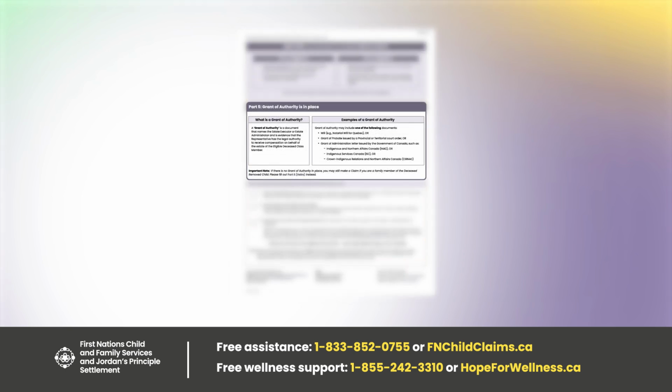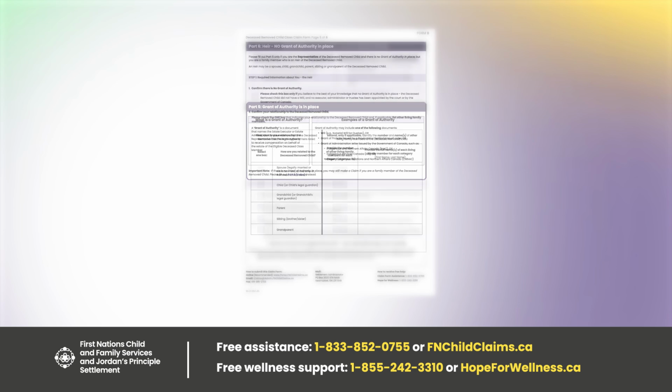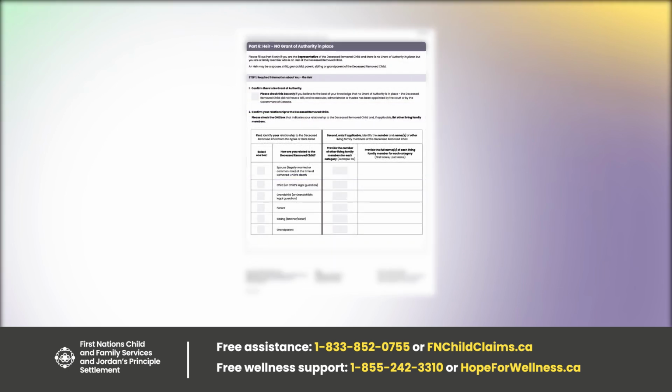Part 5 is completed if there is a grant of authority in place and you are named as the executor or administrator of the estate. Part 6 is completed if there is no grant of authority in place and you are an heir of the deceased removed child.